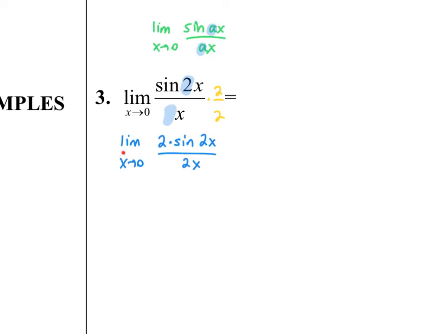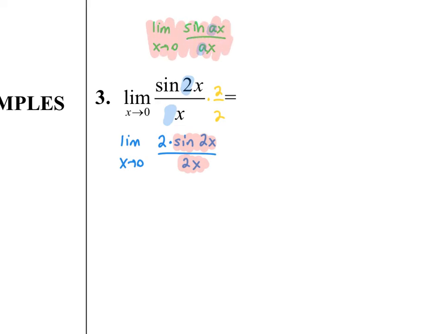And that gives me this. Notice that when I multiplied the numerator by 2, this did not become a 4x. It doesn't work like that. It just multiplied the sine of 2x by 2. But notice that what happened by doing that is I have now generated that sine of 2x over 2x. And I've made it match up to what this theorem up here says.